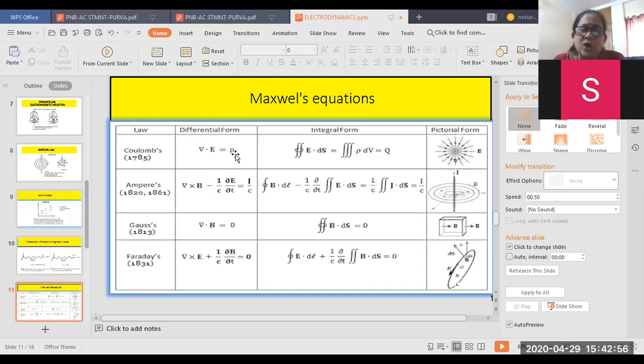If you want the variation of E along y, you take the differentiation of E with respect to y, that is dou E divided by dou y. That will give you rho y. Similarly, for the z axis, it is dou E divided by dou z. That will give you rho z.